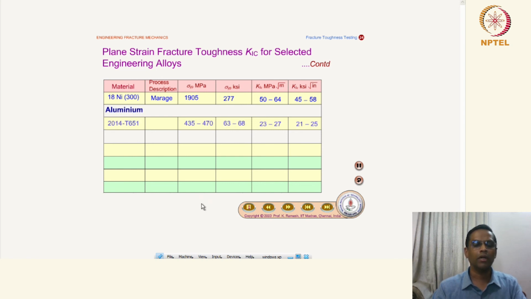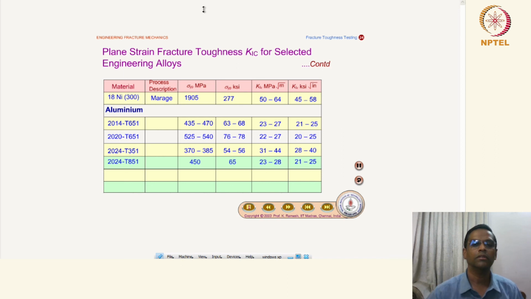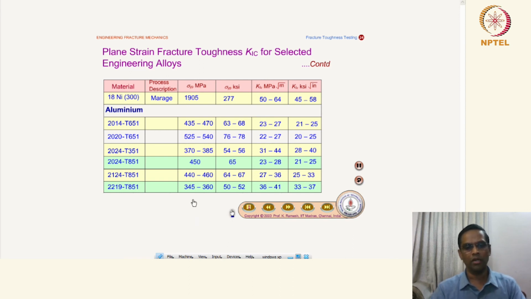This is for non-ferrous alloys, aluminium, and you can see that strength levels are very different from steel, and the K1C value is accordingly very different as compared to steel structures. It gives you a perspective about what kind of values one expects in engineering alloys.